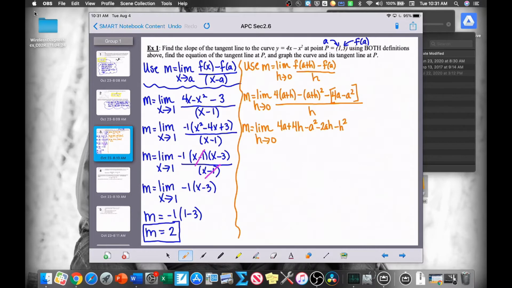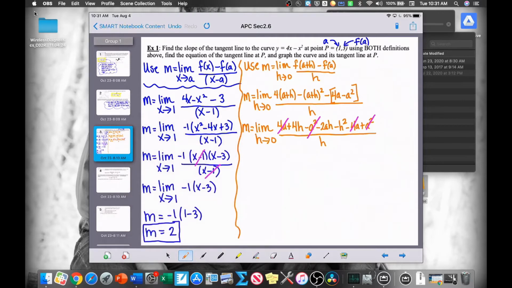And then finally distributing the negative into the bracket, we're going to have minus 4a and plus a squared. And again, this is all over h. Now notice in my numerator, I have some terms that I'm going to be able to cancel out. I have a positive 4a and a negative 4a. I have a positive a squared and a negative a squared.